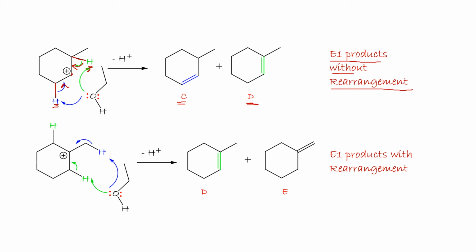After the hydride shift, the tertiary carbocation has 3 hydrogens on the adjacent carbon. These two are the same, equal.